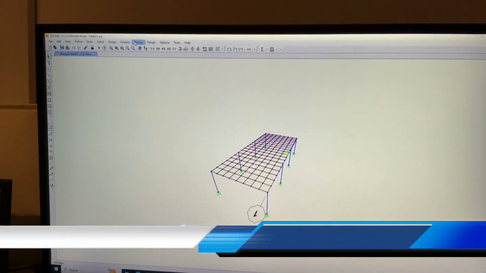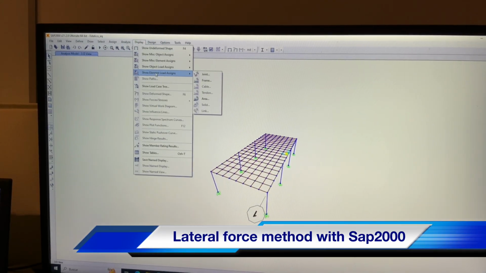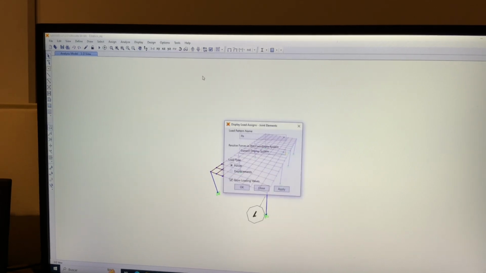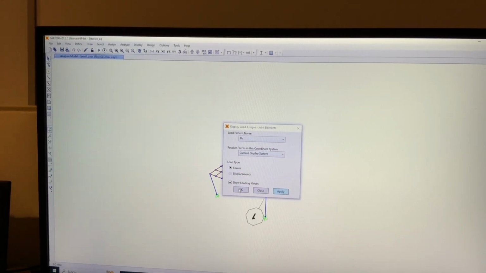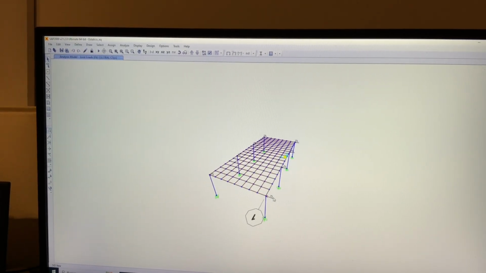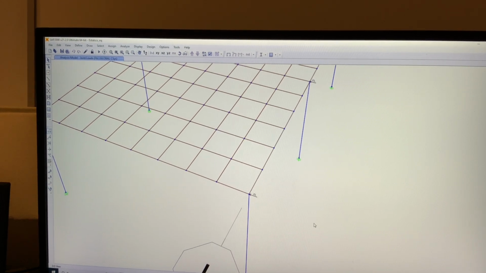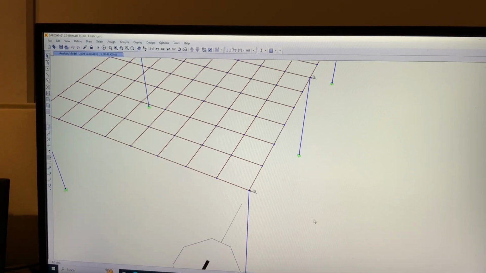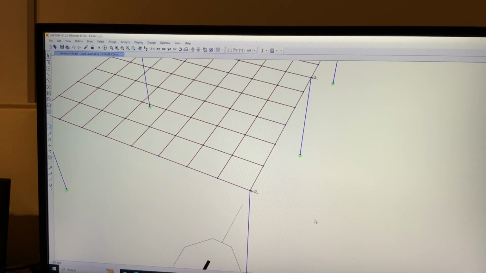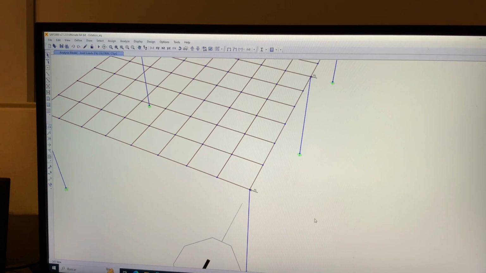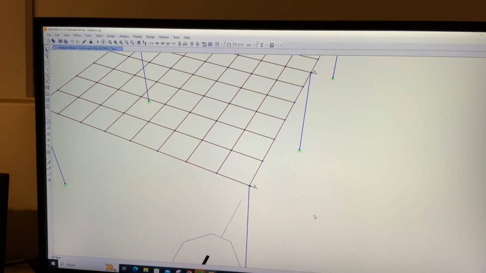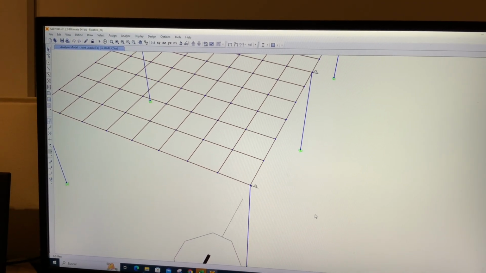If we would like to design the structure represented on the screen, my suggestion is to divide the base shear by the number of columns and apply horizontal forces in that direction, at the top joint of the column, as you can see on the screen.